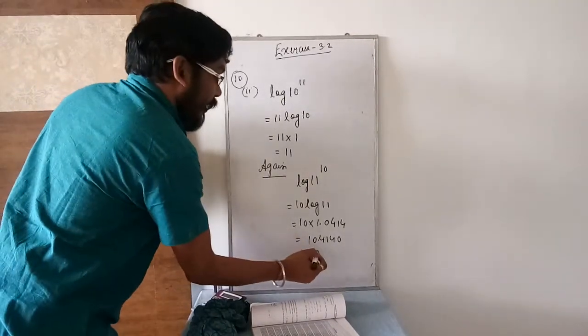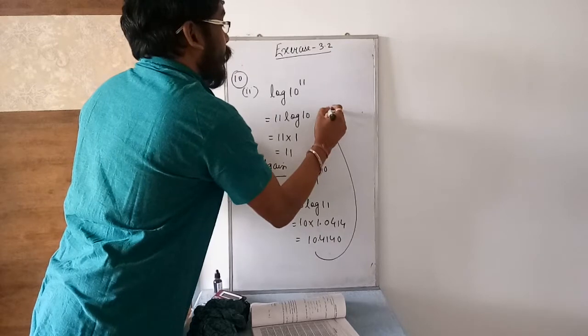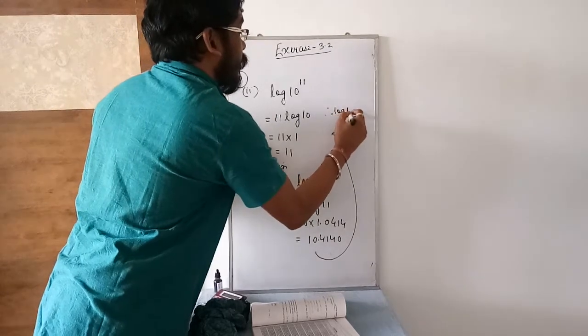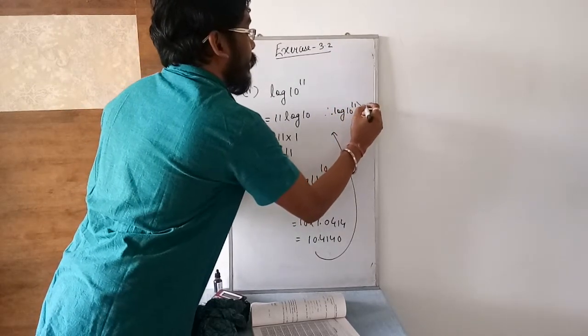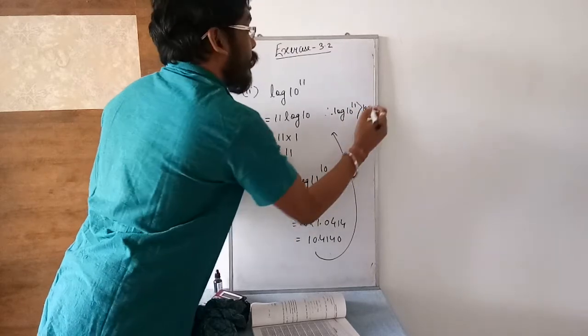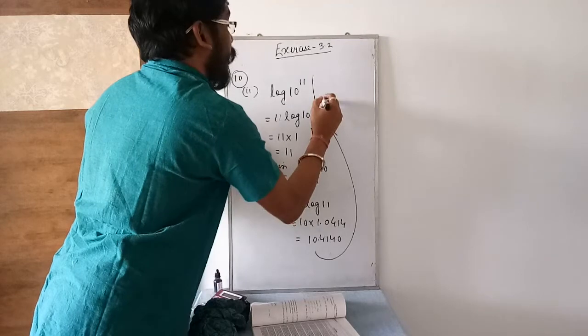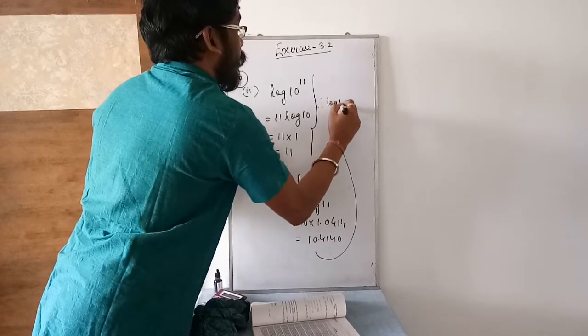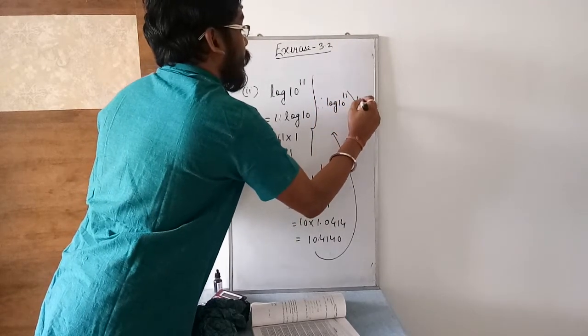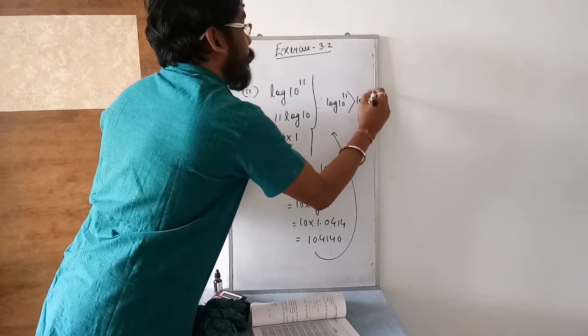So ultimately you can write here, therefore log 10 to the power 11 greater than log 11 to the power 10.